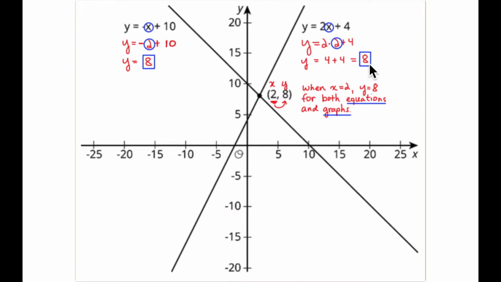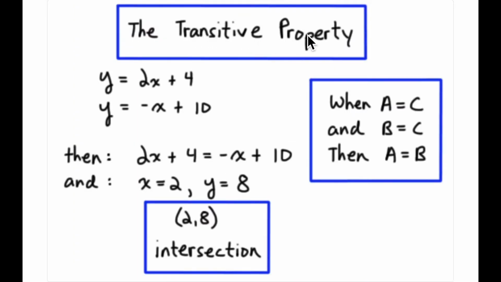The authors are getting at something called the transitive property, which says that when A is equal to C and B is equal to C, then A and B are equal to each other. So imagine student A has $5 and student B has $5. Then they are equal to each other; they both have the same amount of money.